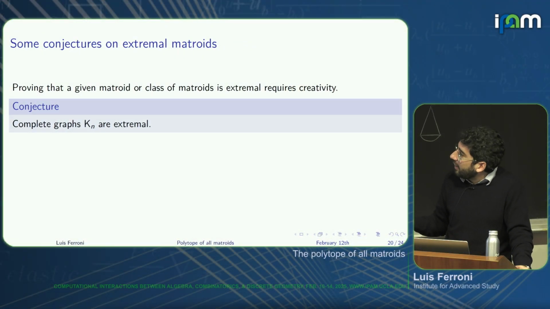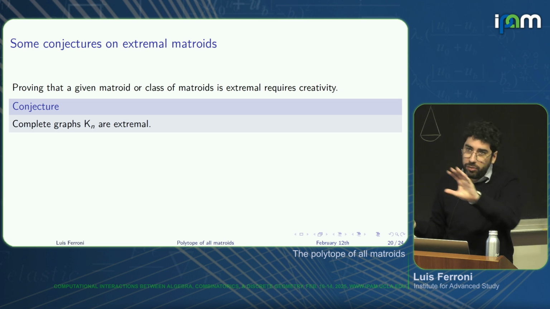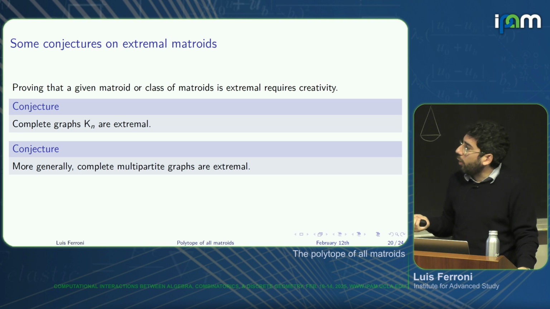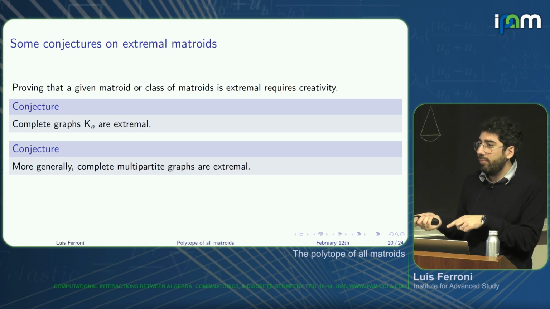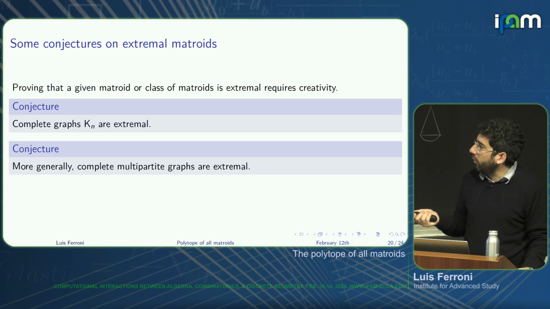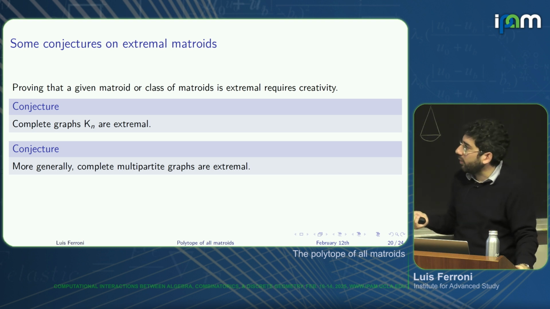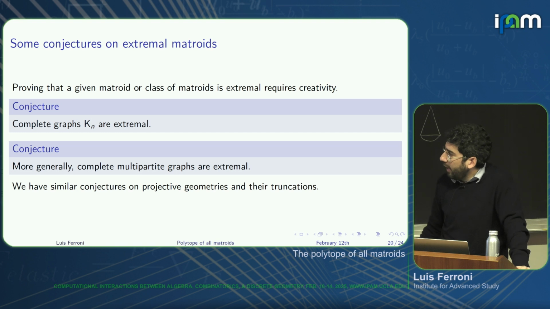First of all, I conjecture that if you take a complete graph, that induces a matroid, and I conjecture that matroid will be extremal for all n. And more generally, if you give me a complete multipartite graph, that will be the case as well. A complete graph is a complete multipartite graph in which each part has size 1, so it's a particular case. And we have similar conjectures in the paper about projective geometries and truncations of projective geometries.